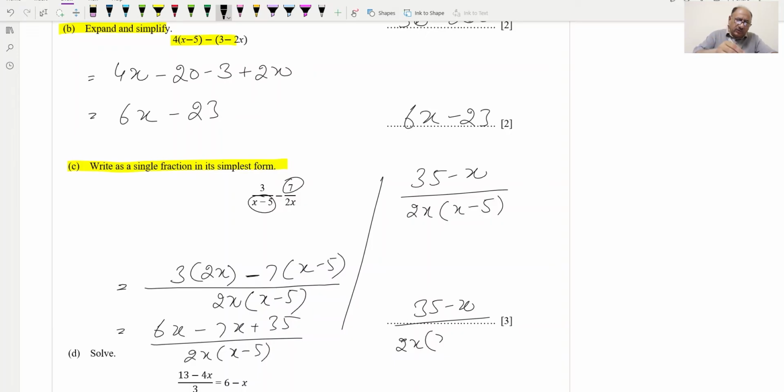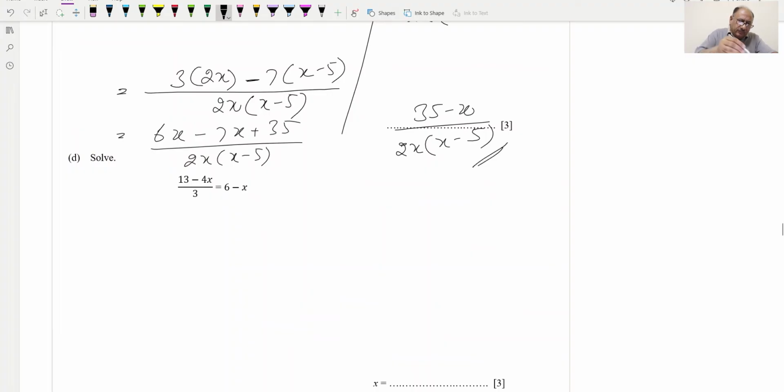Now for this one we have to solve this given algebraic equation. What we will do is cross multiply, so 13 minus 4x will be equal to 3 into 6 minus x. Then we open the bracket, so 13 minus 4x is equal to 18 minus 3x.